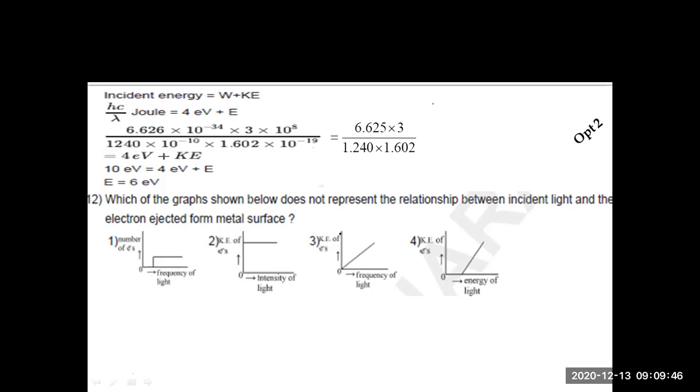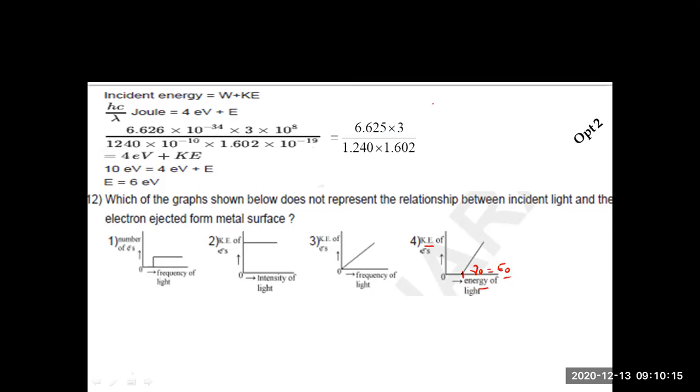So in option 4, what has been plotted here? Kinetic energy versus energy of the light, that is the photon. After some gap, the electron starts ejecting. When energy increases, the kinetic energy of the ejected electron also increases. So this point corresponds to the threshold frequency nu naught or threshold energy E naught.